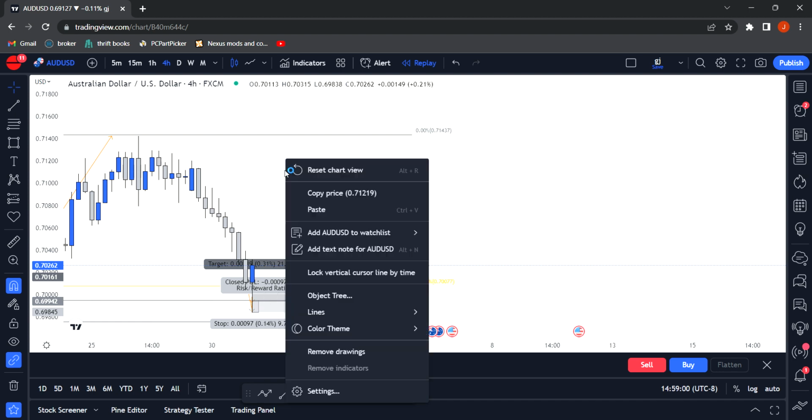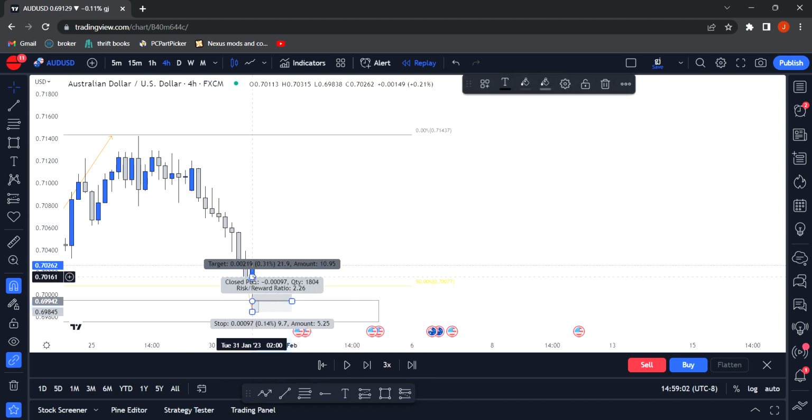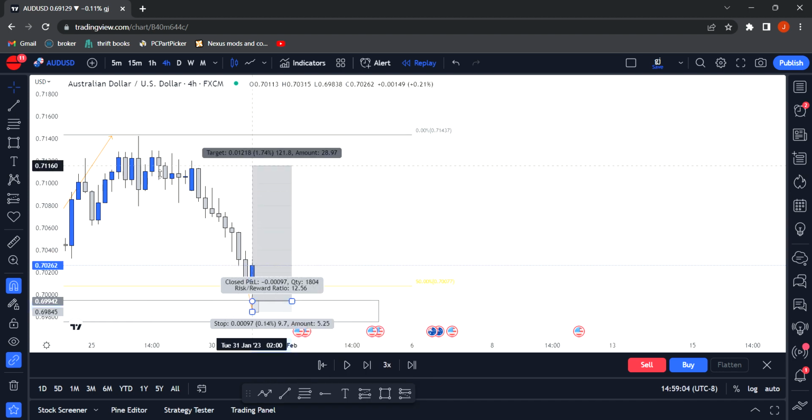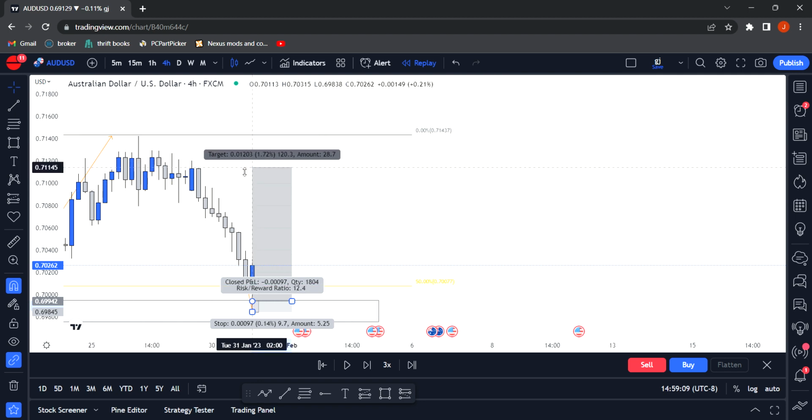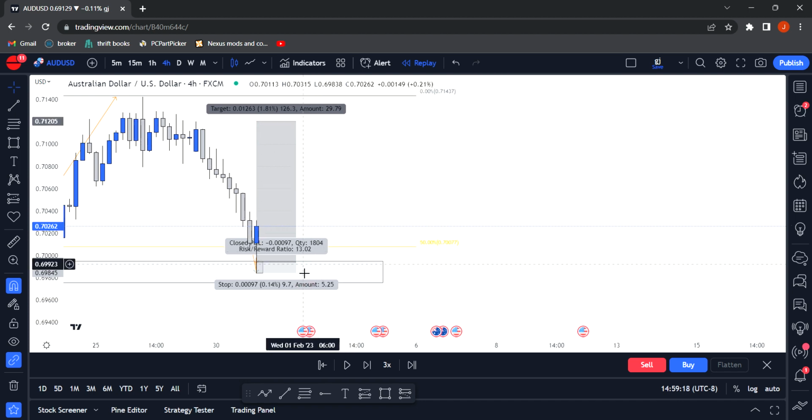I didn't put it all the way because it was wicking right here and then it just spiked up. So I just left it right here at this high point to be safe, I believe.